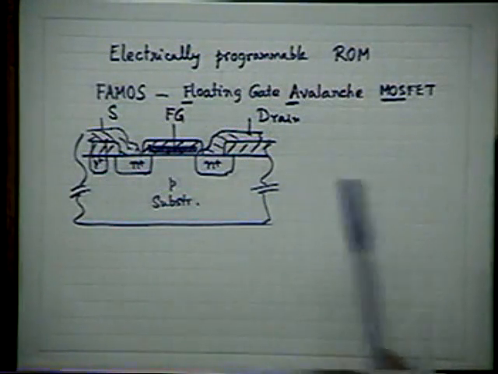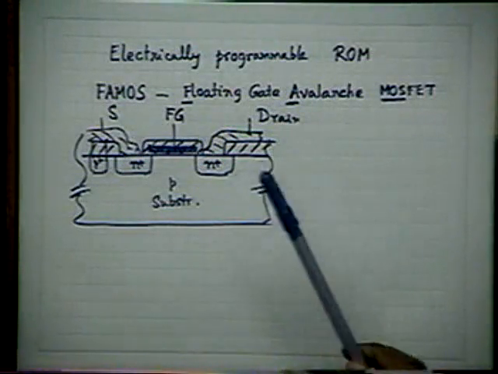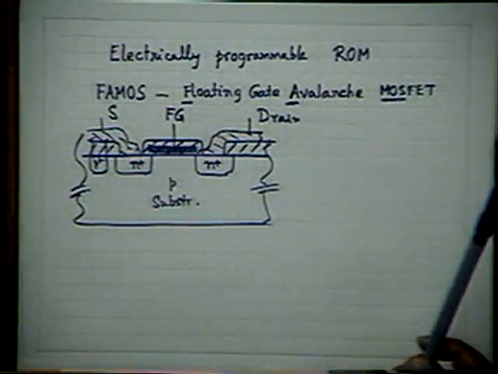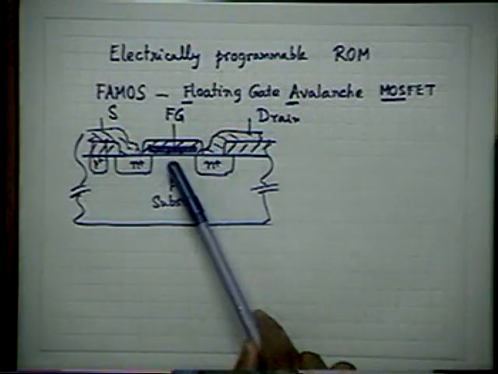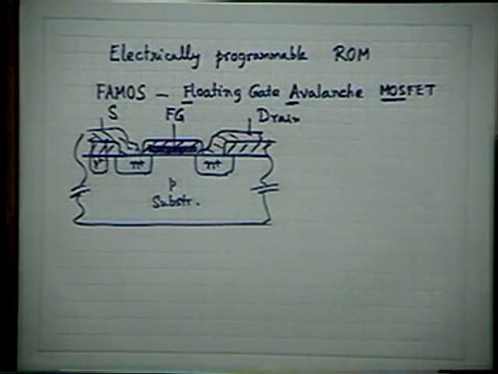As I told you, if I do not do anything, the transistor is on. What do I do now? I apply a momentary high voltage at the drain for a short time, which causes the avalanche breakdown of the drain substrate junction.